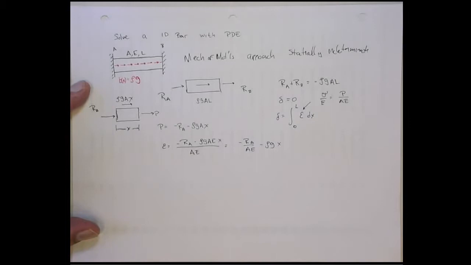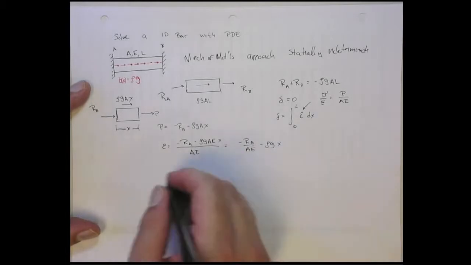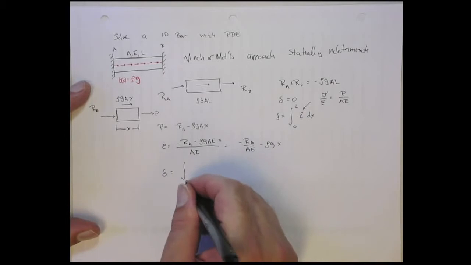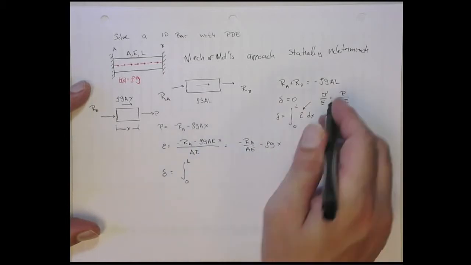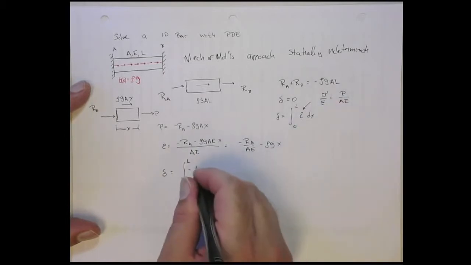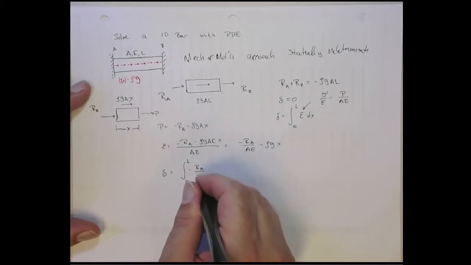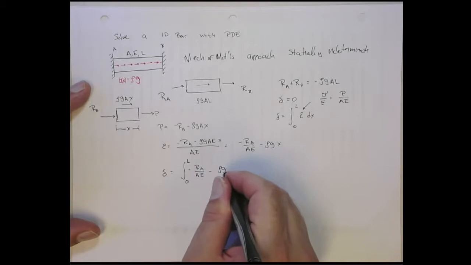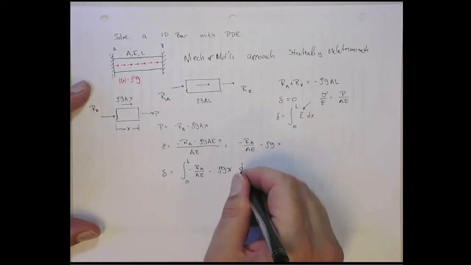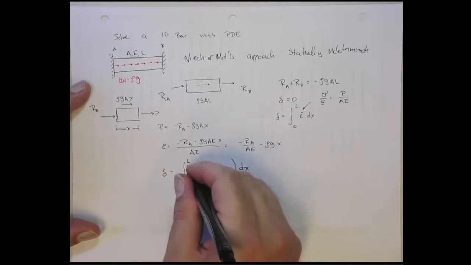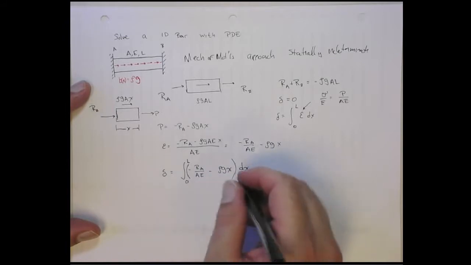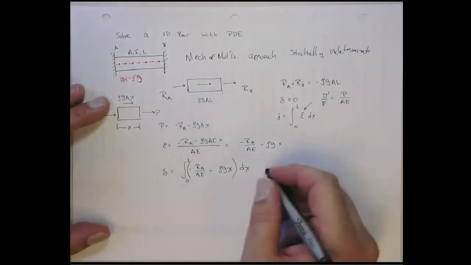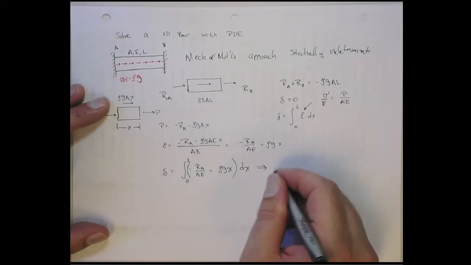Okay? So now I can integrate that and I can get the total elongation. It's the integral from 0 to L of the strain field, minus RA over AE minus rho g x, dx. And I guess technically I should have dummy limits of integration here. Oh, that's okay. It's not L. Okay, and if we perform this integral, it has to go to 0.